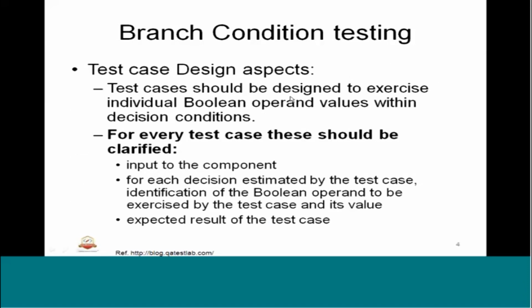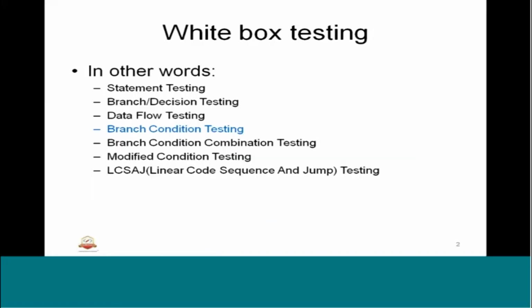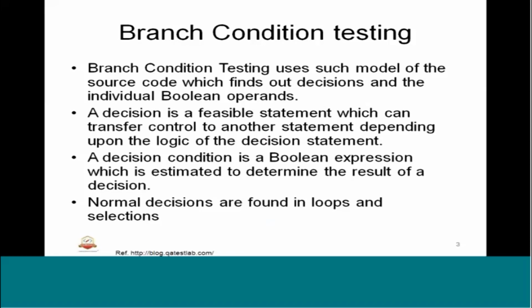Okay, so in terms of branch condition testing, test case design aspects, how we need to have the test case design taken care of. Before that, 100% condition coverage means that the test data will ensure that every condition is executed at least once during the testing.